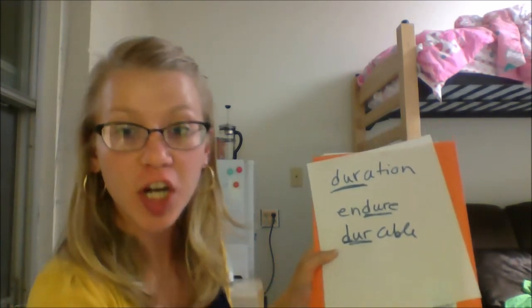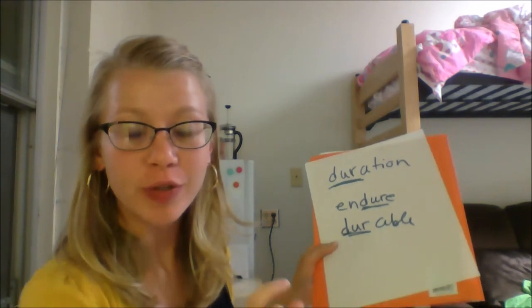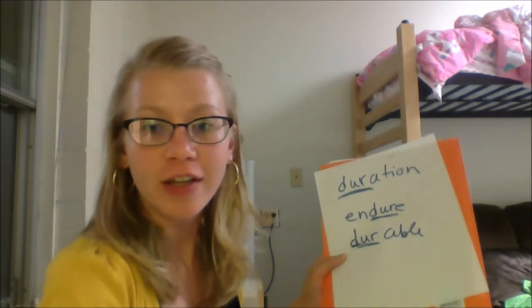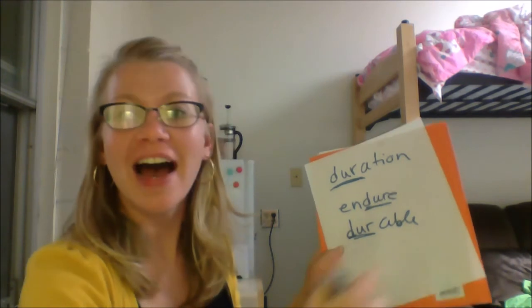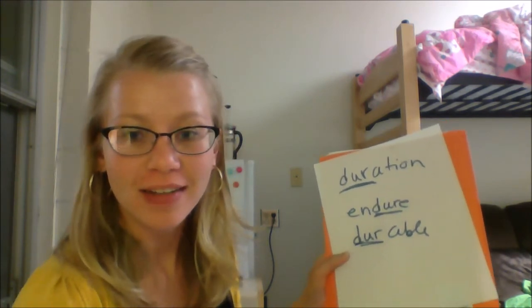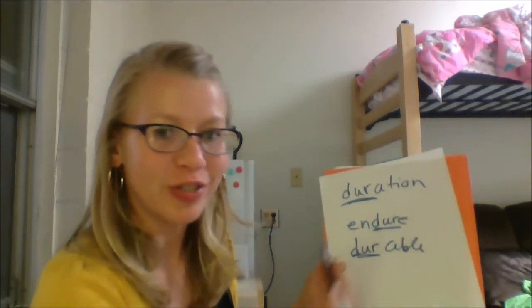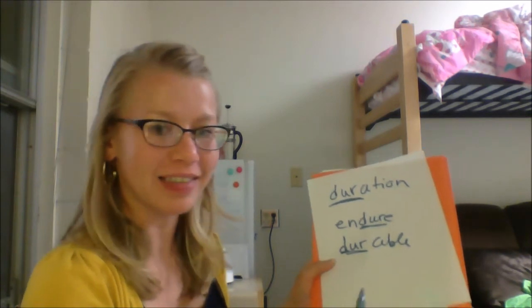Alright, dur is this little root word thing that means lasts. So it has to do with how long a note lasts. Like how a whole note's longer than a half note in the same time signature and tempo. So duration, it's pretty self-explanatory.